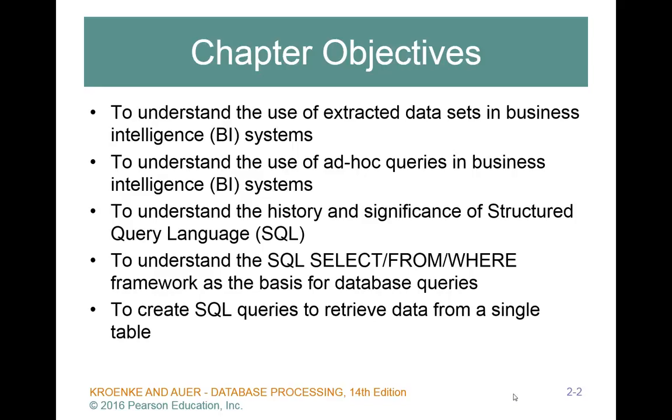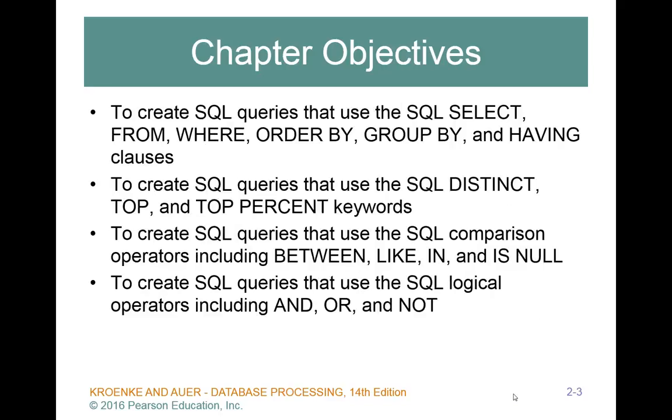This first part, Part 1, is considered basic SQL, where we'll be retrieving data from a single table. Within our select from where framework, we'll cover some of the clauses that go along with our where. After our where clause are order by, group by, and having clauses.